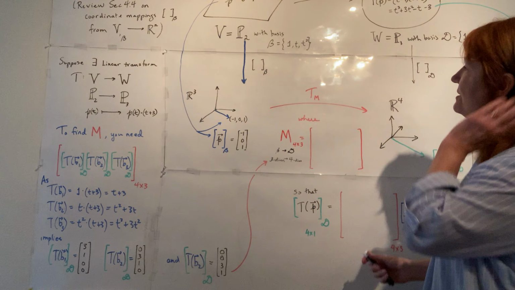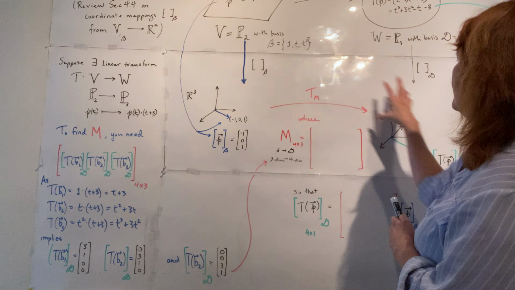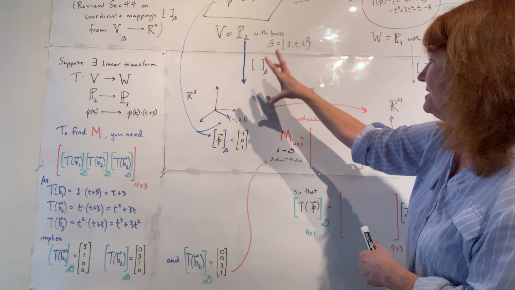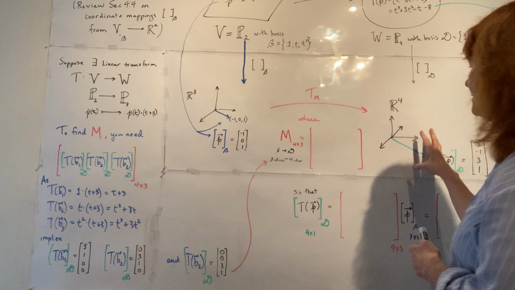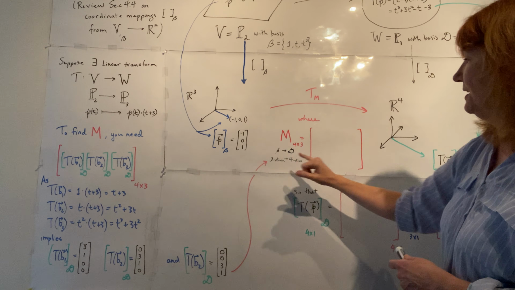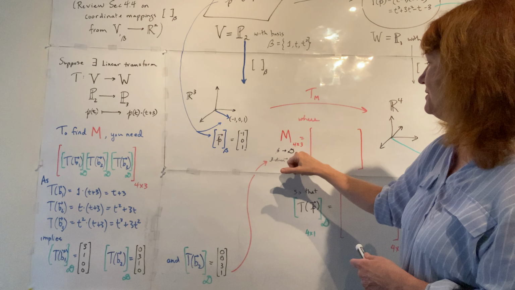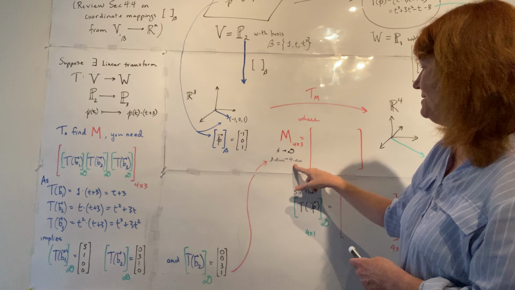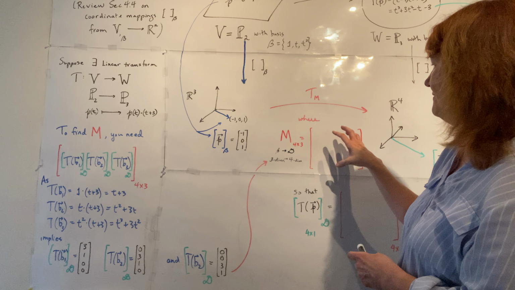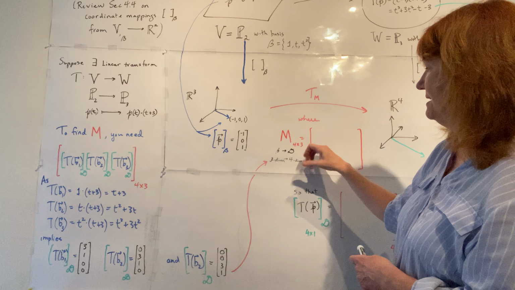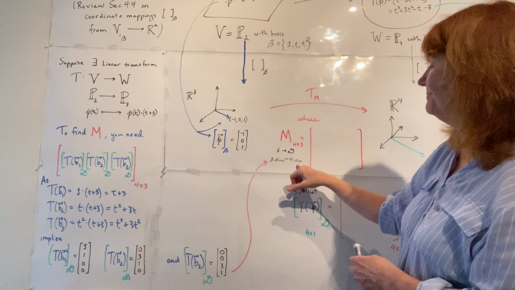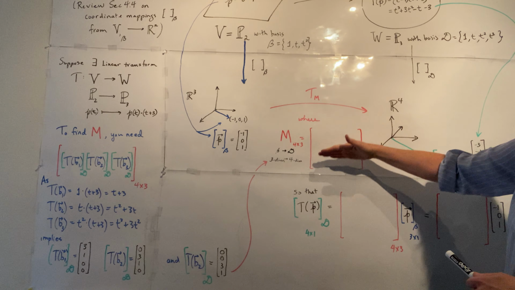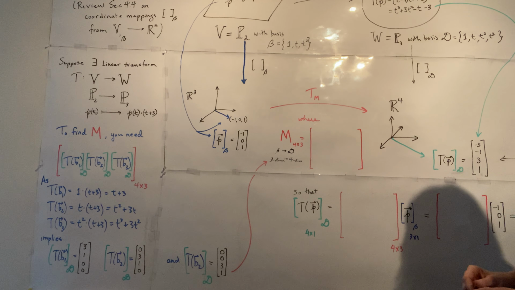So you'll notice that the matrix that does all the work for us in general is going to take vectors in R3 to vectors in R4. It's going from the basis beta to the basis D. This was 3-dimensional, that's 4-dimensional. When you're multiplying a vector on the left by a matrix, what's going to take 3-dimensional to 4-dimensional? A 4 by 3 matrix, 4 rows, 3 columns.